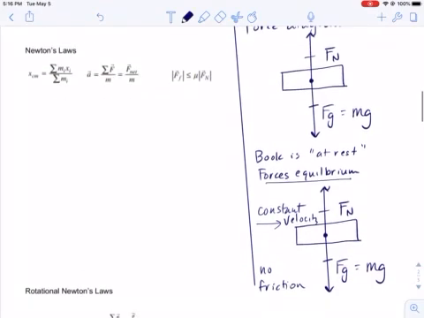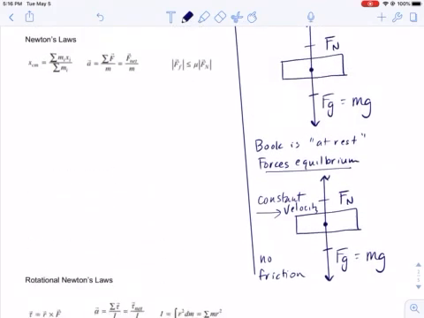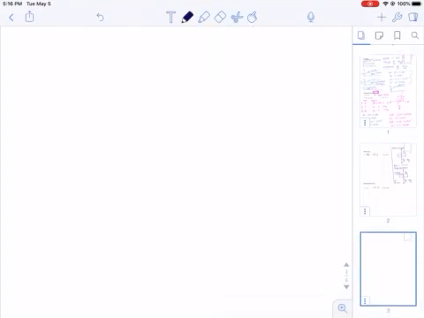Okay, so when we talk about Newton's laws, I think I'm going to have to add a page here. When we look at Newton's laws, what we're really looking at is the difference between accelerating and non-accelerating systems.